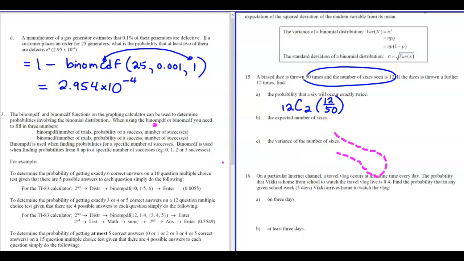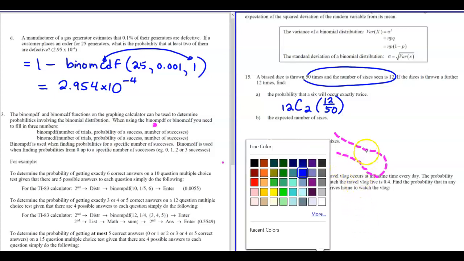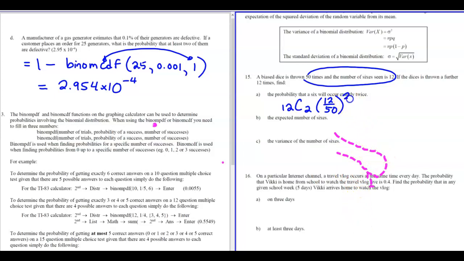That's the probability that we'll get a 6 with this biased dice. You can reduce that if you want. You want it to occur exactly twice, so that's squared. And then the probability of not getting a 6 would be 38 out of 50, and that's going to be to the power 10.